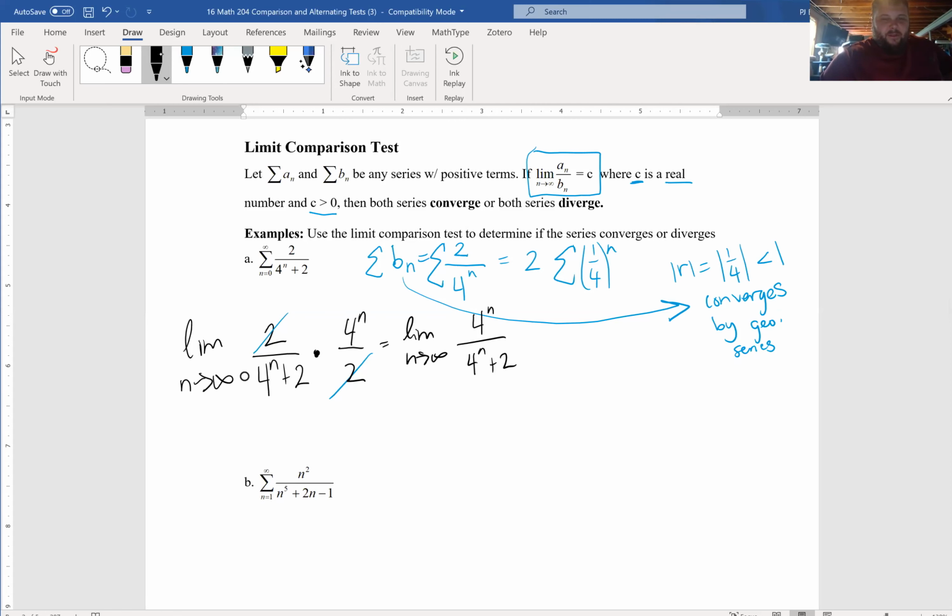And it might be kind of difficult to see how to evaluate this limit. If we tried to just go ahead and plug in, we'd get infinity over infinity, and we might be tempted to use L'Hopital's rule. However, it's not often that we take derivatives of constants to a variable power. So the easiest way to do this one is just divide everything by 4 to the n.